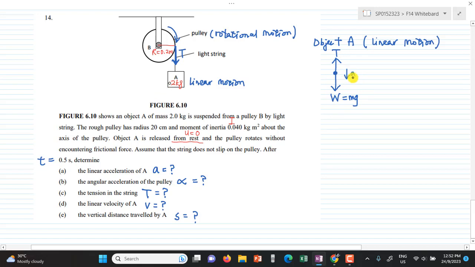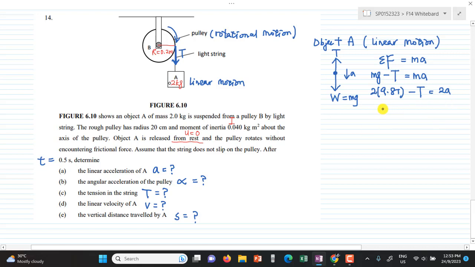Object A accelerates downwards. So taking the direction of acceleration as positive, apply Newton's second law, summation force equal to ma. So I'm going to have mg minus tension equal to ma. The mass of the object is 2, g is 9.81, minus tension equal to 2a. So again, I have two unknowns, the tension and also the a.